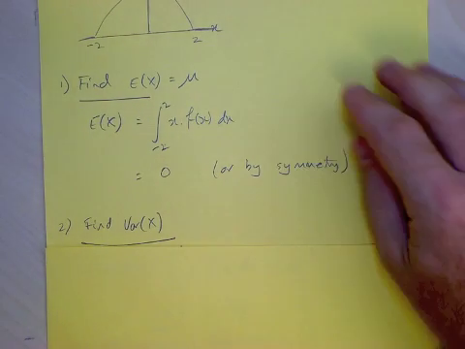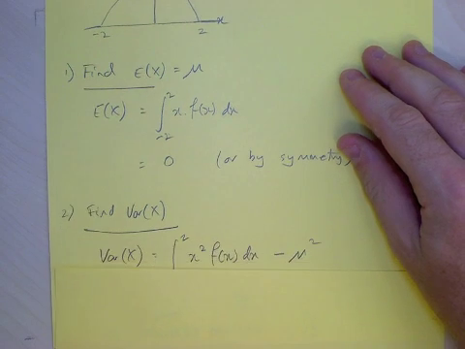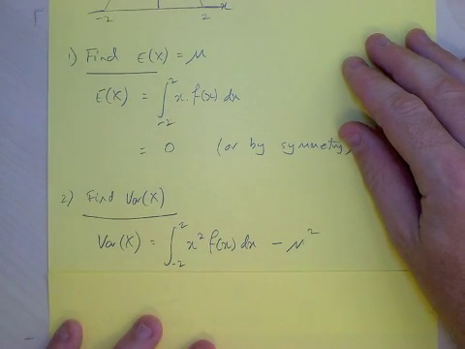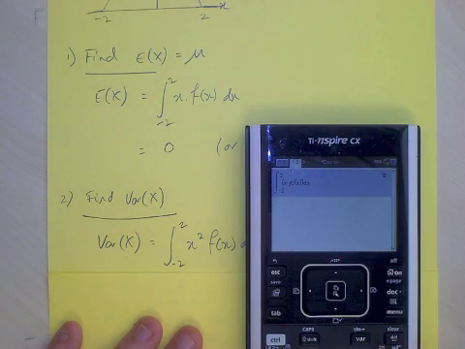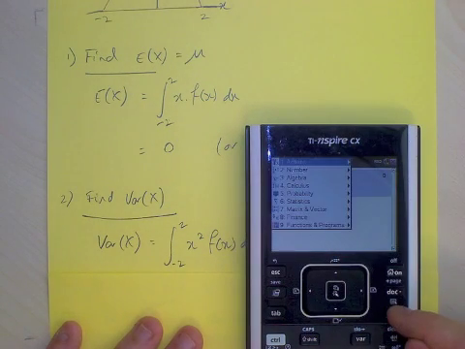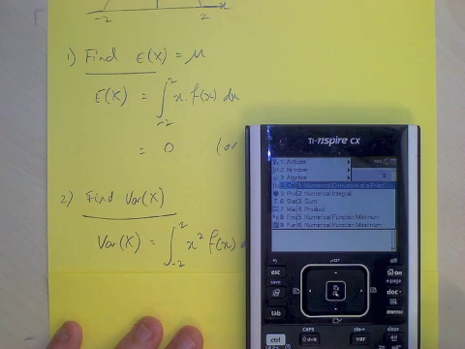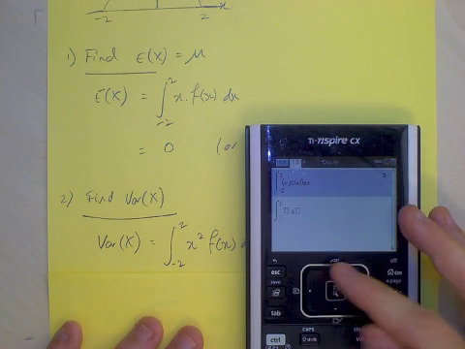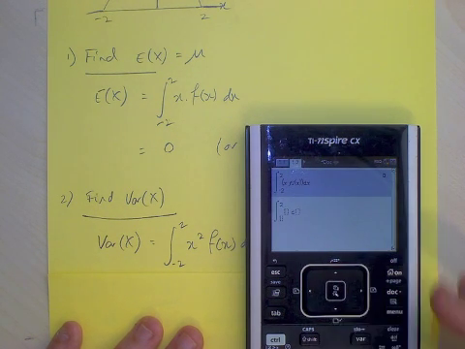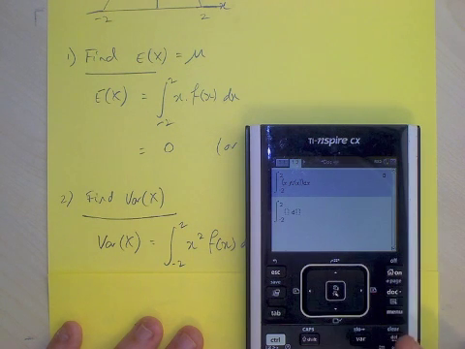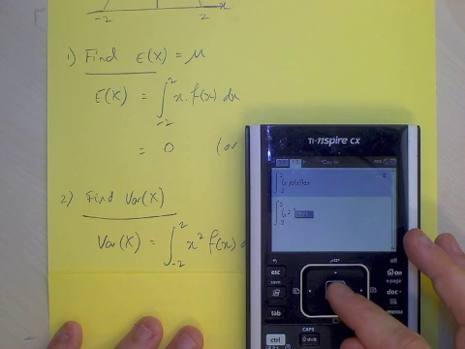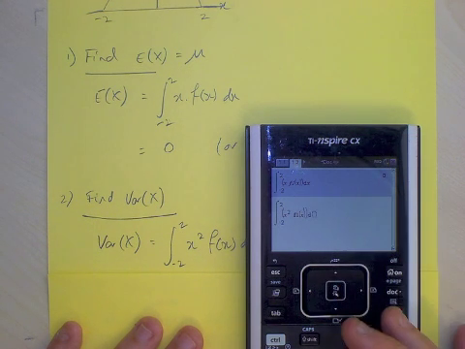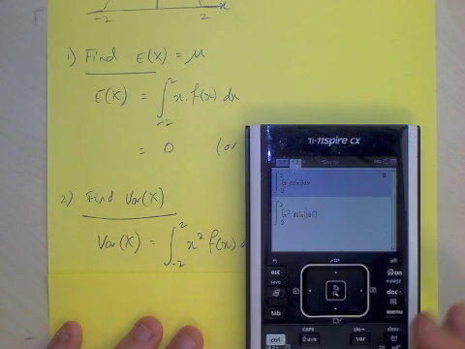The second question often follows: find the variance. Again, I just need to call upon the appropriate formula. Go to my calculator to exploit this again. Menu, 4 for calculus, 2 for numerical integral, between limits of 2 and minus 2. x squared times f1 of x with respect to x.